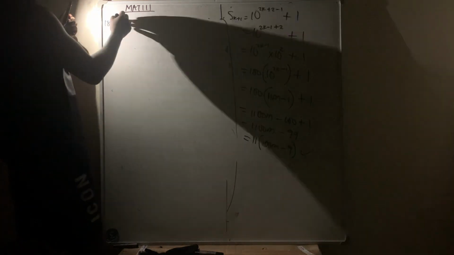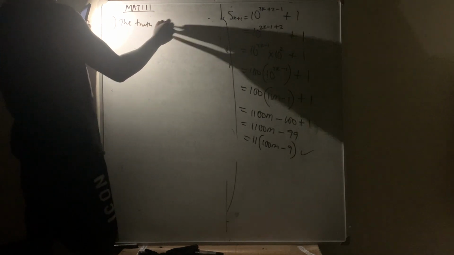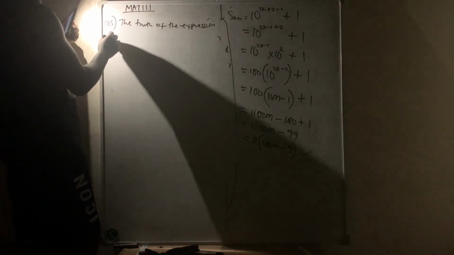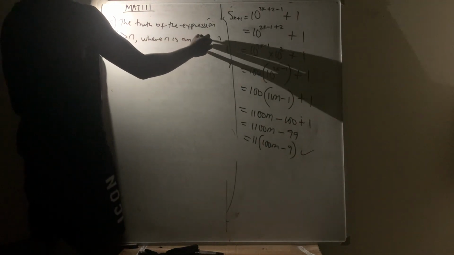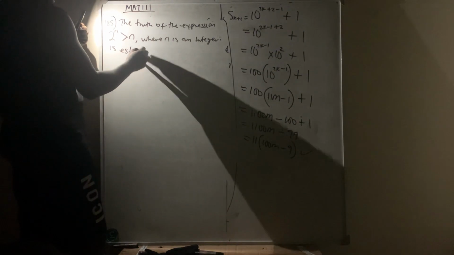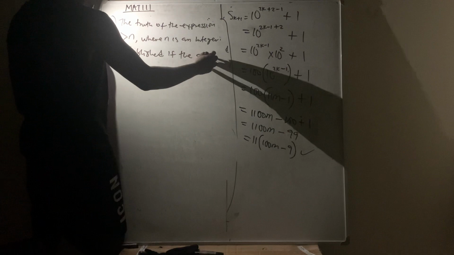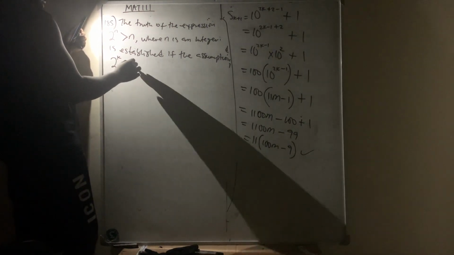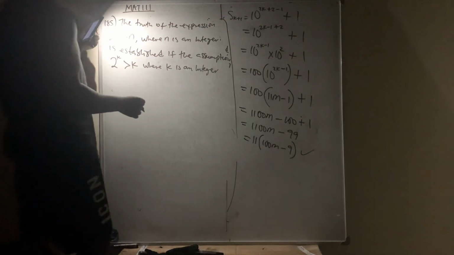185 said that the truth of the expression 2 raised to power n is greater than n, where n is an integer, is established if the assumption 2 raised to power k is greater than k, where k is an integer, leads to.